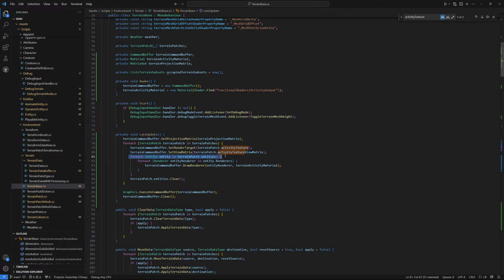And then for each entity in terrain patch entities, for each entity renderer in entity renderers, draw renderer. Okay.